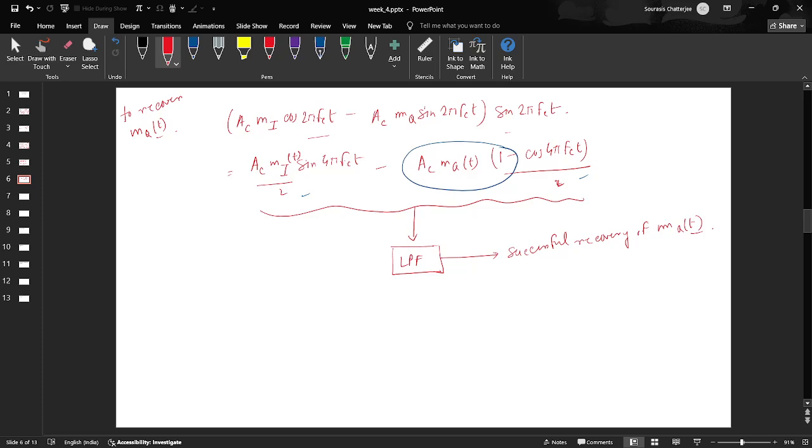But now using these two carrier signals, I can transmit two messages. And why can I transmit two messages? Because these carriers are quadrature, or another way of saying, orthogonal in baseband. So essentially I can enable parallel transmission of two messages.